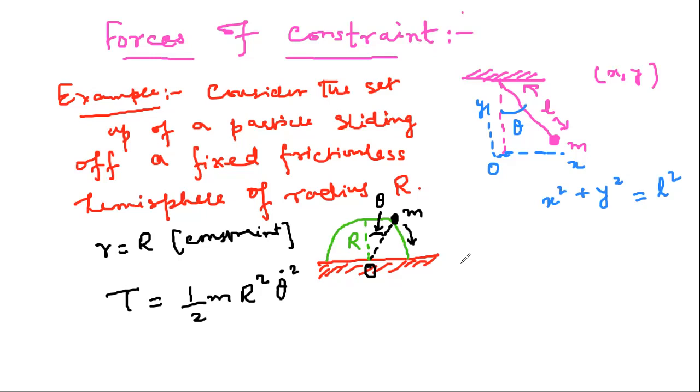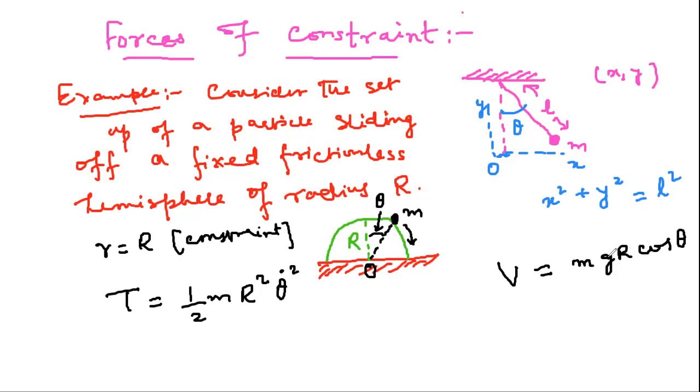What about the potential energy of the particle? The potential energy of the particle is due to gravity. Gravity has a role. So if I take the zero of potential energy at the bottom of the hemisphere, then the potential energy of the particle V is equal to mgr cos theta relative to bottom of the hemisphere.